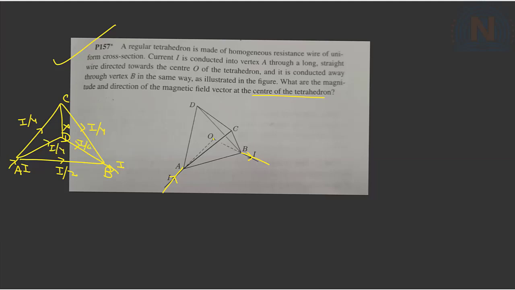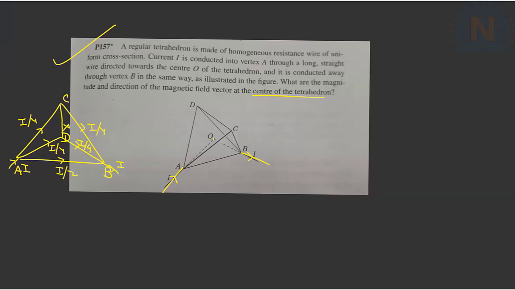Now comes the actual problem. How will we write the magnetic field at the center of the tetrahedron? For this I just use that simple property that this edge is balanced, 2R, equal, and everything. Just be careful about the geometry that we want to use here, and I will try to write the magnetic field one by one for all the elements.